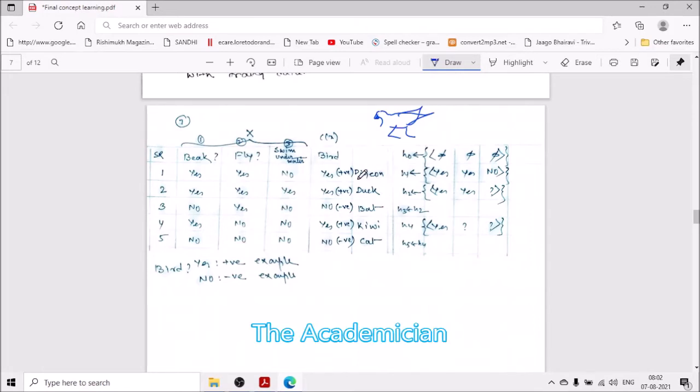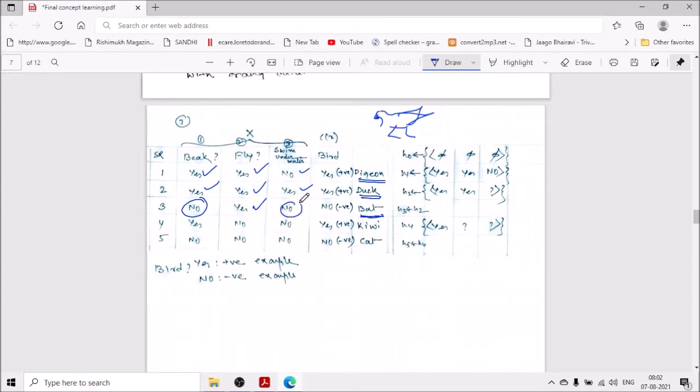Now if it's a pigeon, it has beak, it can fly, but it cannot swim underwater. If it's a duck, it has beak, it can fly, it also can swim underwater. If it's a bat, it doesn't have the beak, it can fly, but it cannot swim underwater.